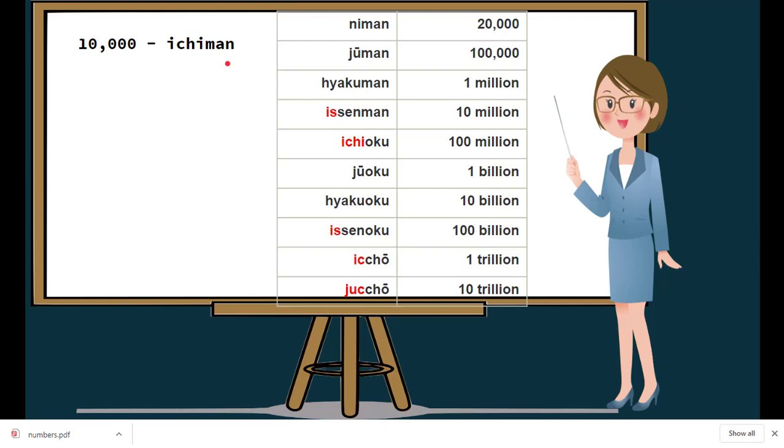Let's read them again. Please repeat after me. Niman, jūman, hyakuman, issenman, ichioku, jūoku, hyakuoku, issenoku, icchō, jucchō.